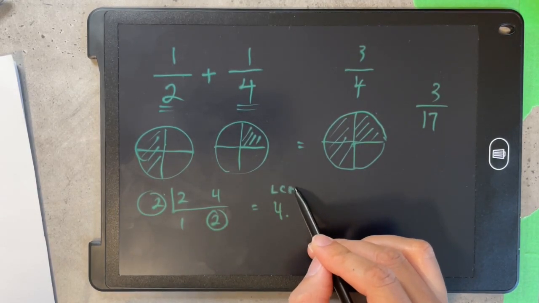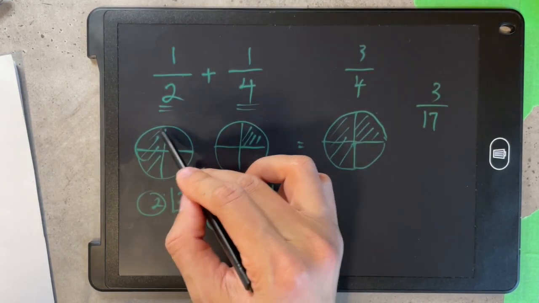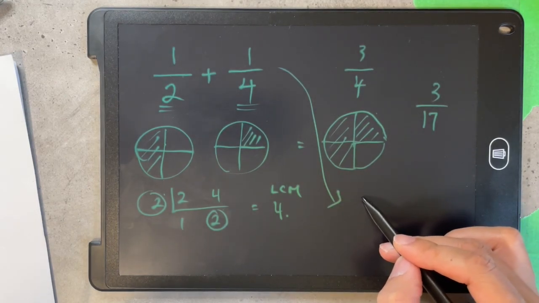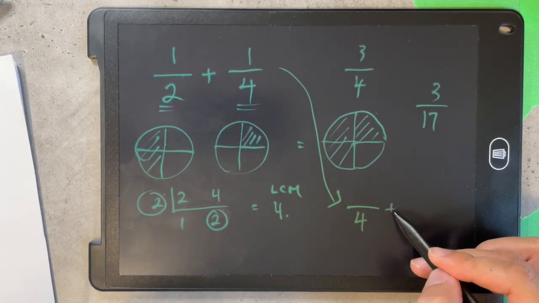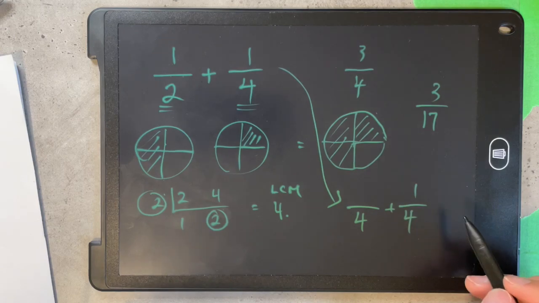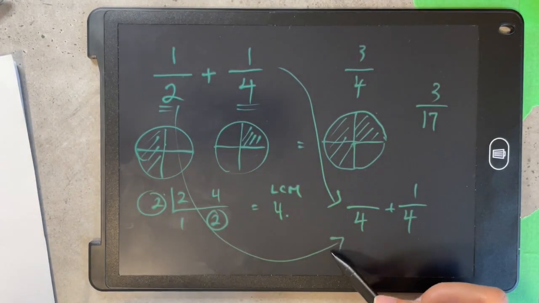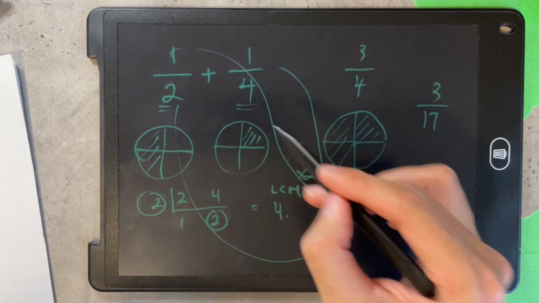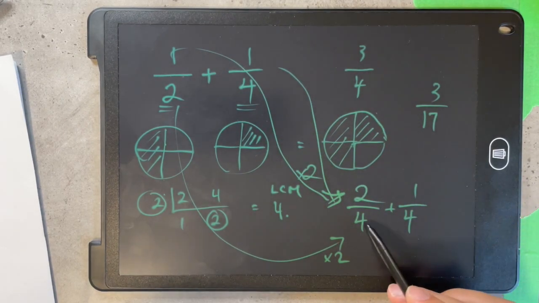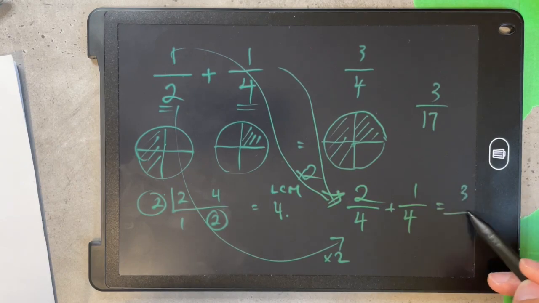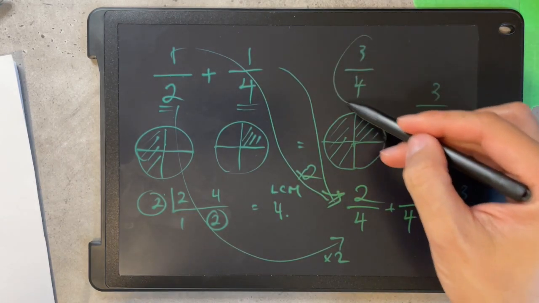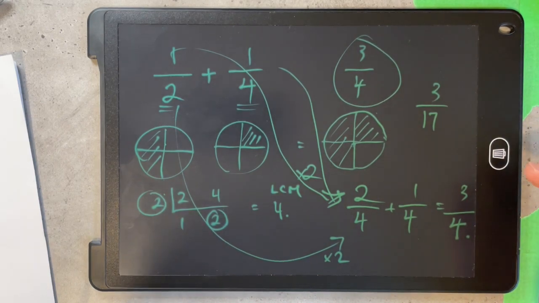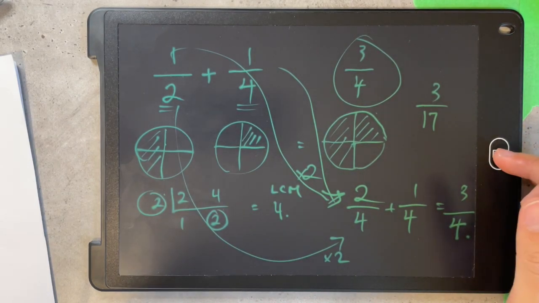So the lowest common multiple is 4, so that's why you see this is divided into 4 parts instead. So what I can do here is I have 1 over 4 plus another 1 over 4, so this will be times 2, and then that will be times 2. So 1 times 2 would be 2 over 4 plus 1 over 4 equals 3 over 4, which is the answer we got here.